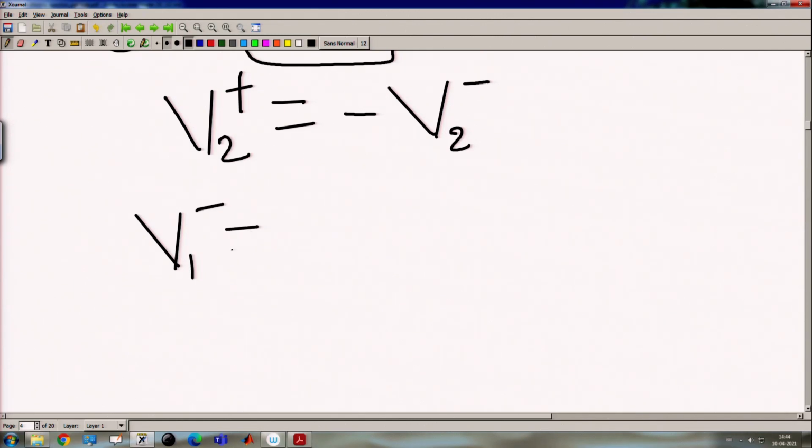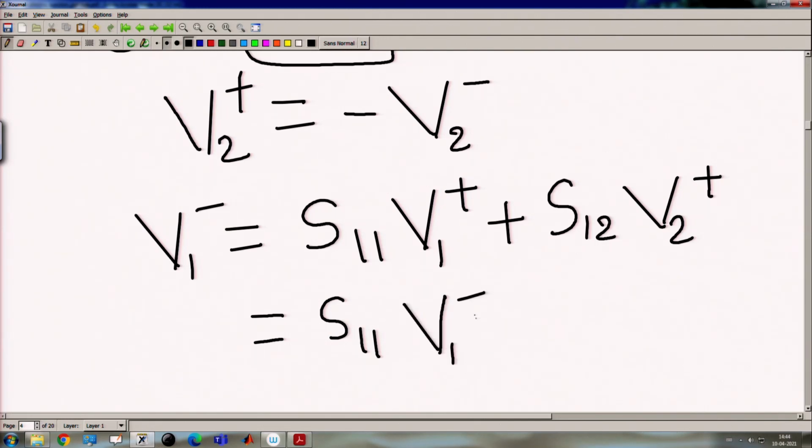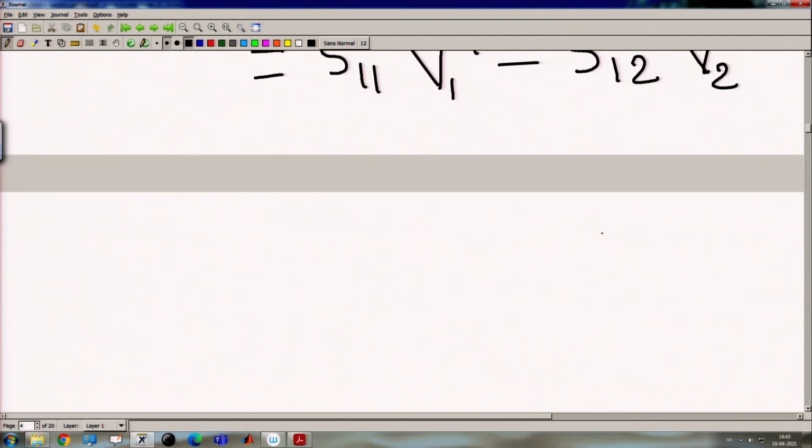From the definition we can write V1 minus equal to S11 V1 plus plus S12 into V2 plus. Because V2 plus equal to minus of V2 minus, we can again write V1 minus equal to S11 V1 plus minus S12 V2 minus.